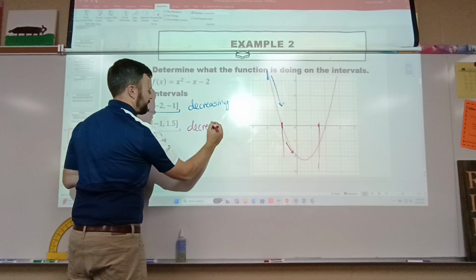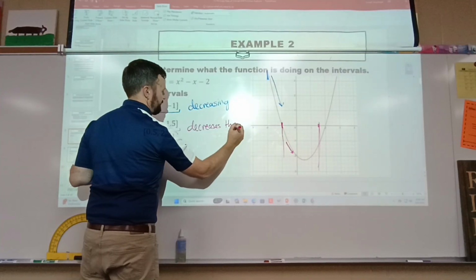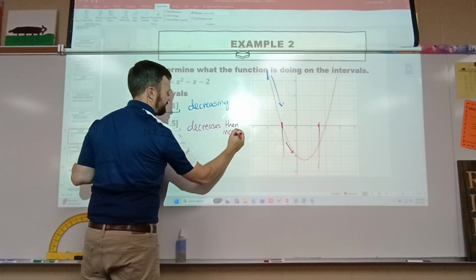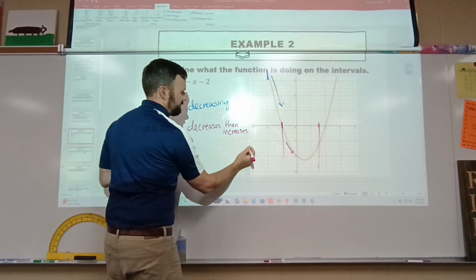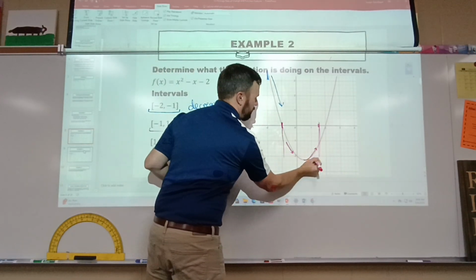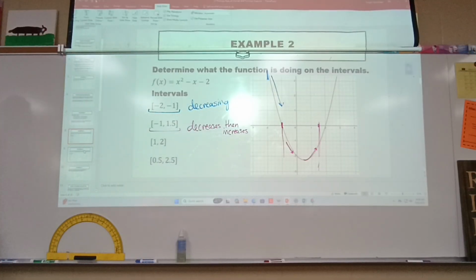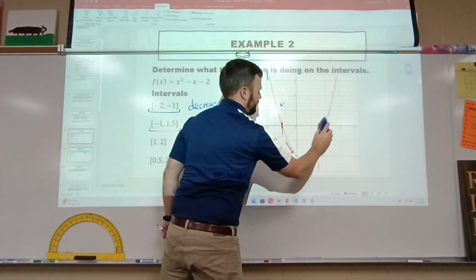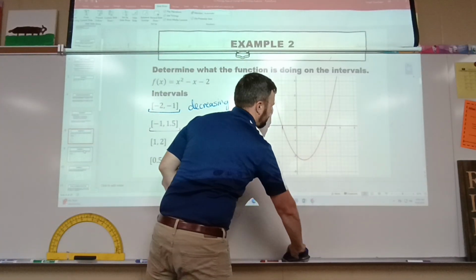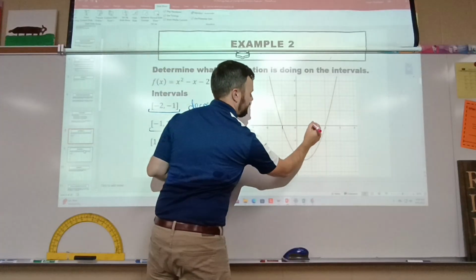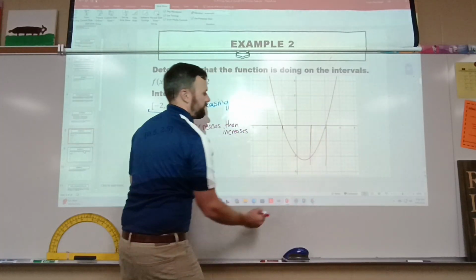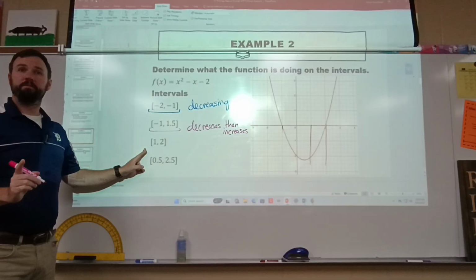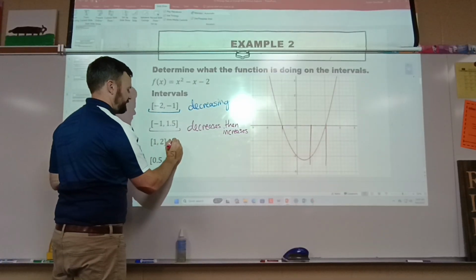Then what does it do? Increases. You go down, and then you go up. What about 1 to 2? So from 1 to 2, I am increasing.